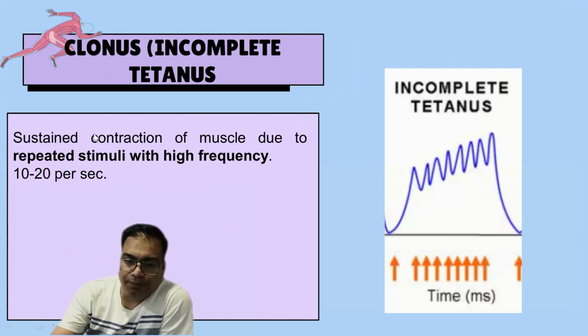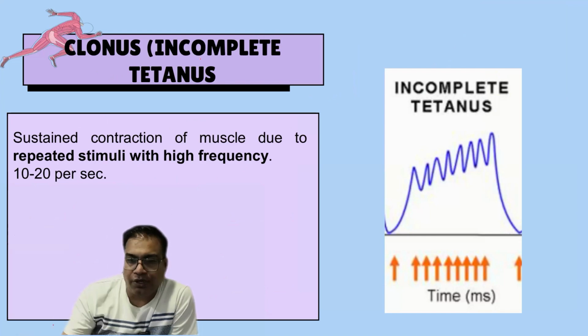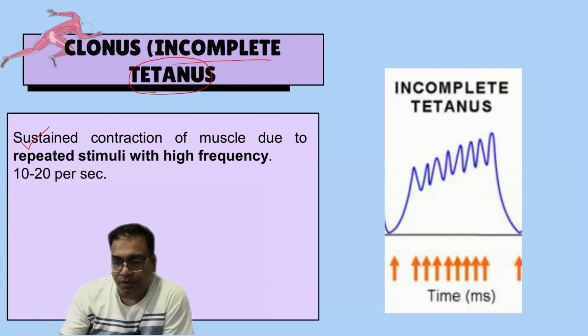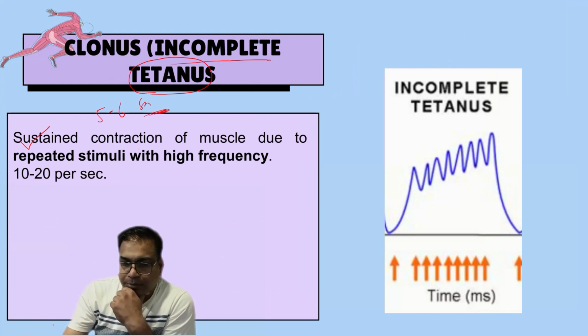Now come to the clonus. We are calling it incomplete tetanus. Basically, in the Treppe phenomena or staircase phenomena, we were giving 5 to 6 stimuli per second.